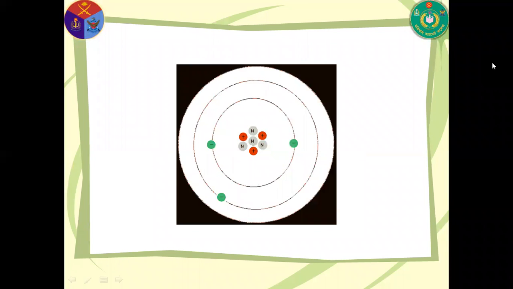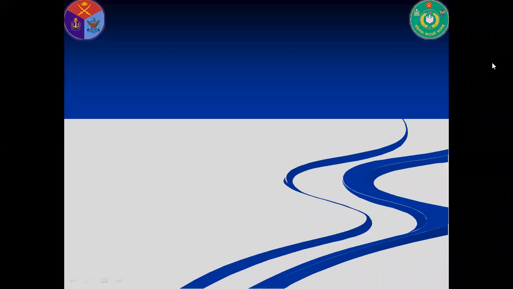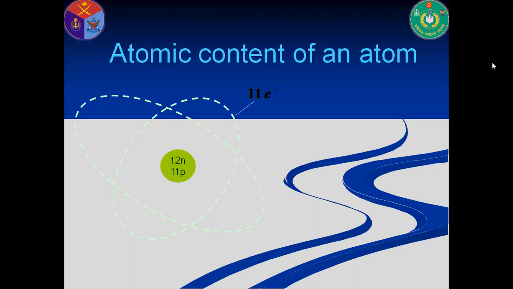Here, particles are revolving around the nucleus. There is a nucleus in the center of an atom, and particles are in the outer space.